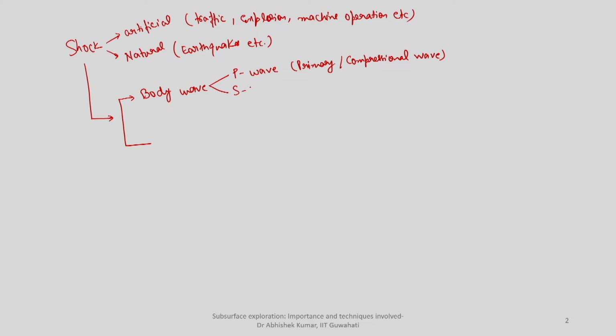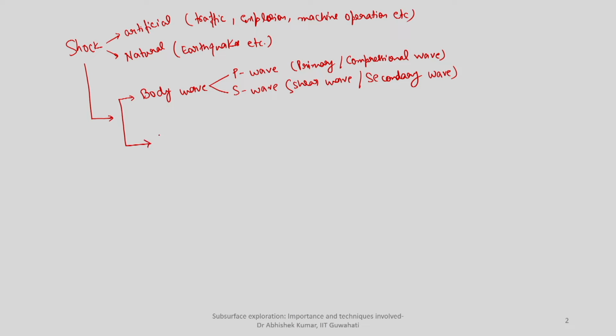The next one is the S wave, called the shear wave or secondary wave, because its passage through the earth causes shearing in the direction perpendicular to wave propagation. Based on the kind of shock we generate, we record the resistance offered by the subsurface medium against the P wave, or against the S wave if we interpret the results in terms of shear waves.